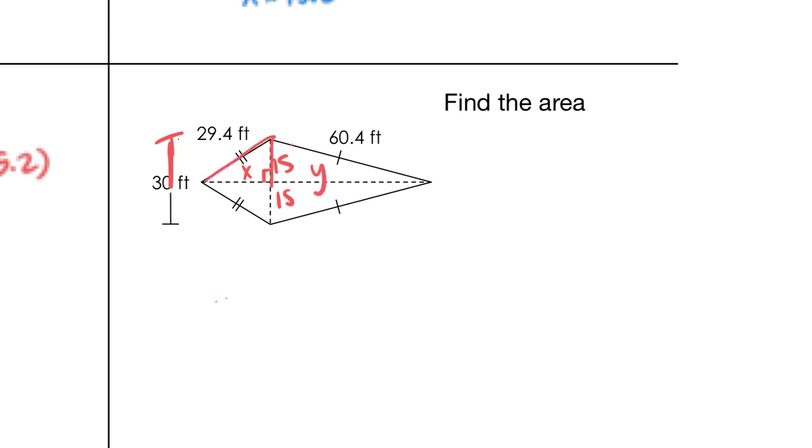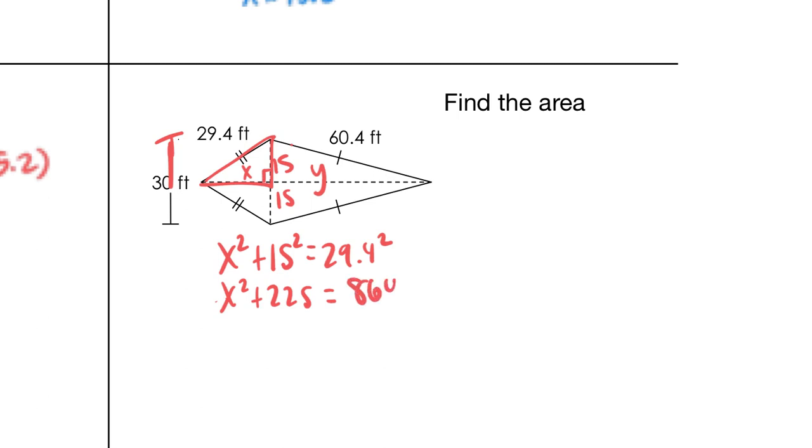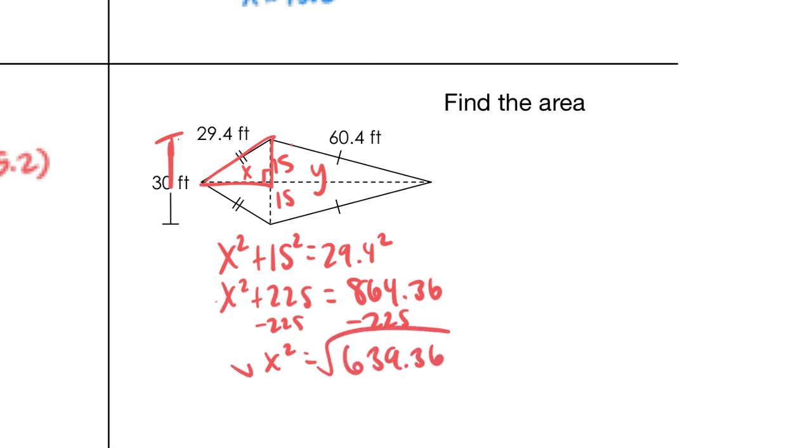So do the Pythagorean theorem over here with the triangle that I'm making red. I'm getting 25.3 approximately for x. Do the same thing to get y.